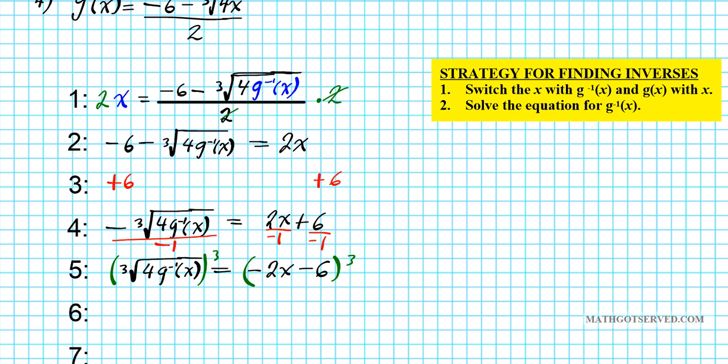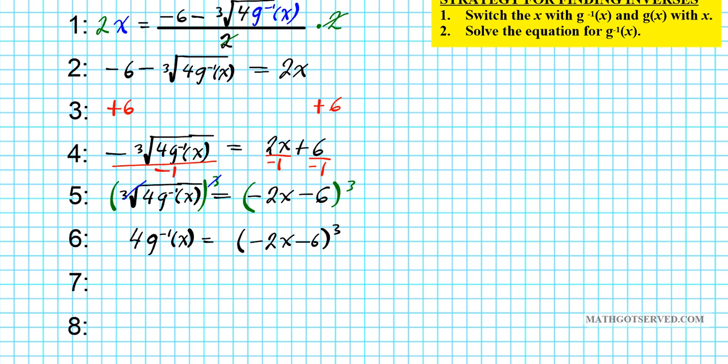On the left side, notice what happens. The third power and the third root are inverses, so they cancel each other out. And we're left with 4 g inverse of x equals -2x minus 6 raised to the third power. The last step is just to divide both sides of the equation by 4.